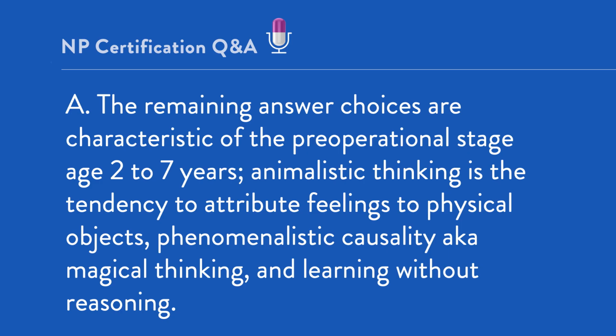And then finally, learning without reasoning is also characteristic of pre-operational thought. So all the other answer choices here are things that develop in the next stage after sensorimotor. The next stage of Piaget is pre-operational, age 2 to 7 years old. Learning without reasoning is more like conditioned responses. Like they can respond to timeout. They learn that if they do something they're not supposed to do, they might have to sit in timeout.